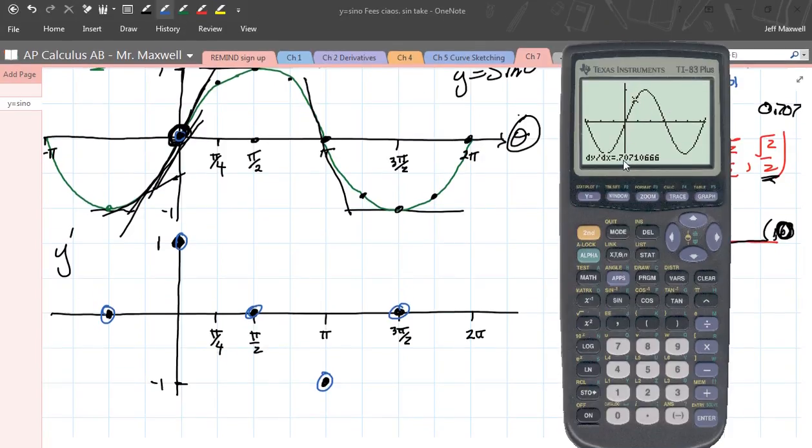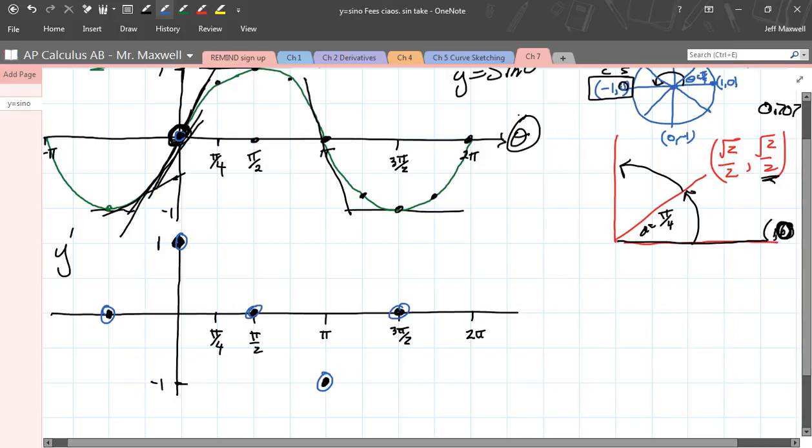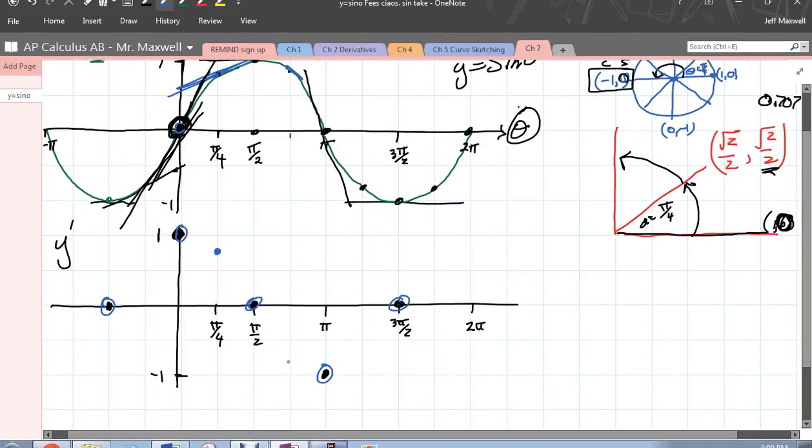The derivative here, that makes sense, is 0.707. So pi over 4, this derivative here is going to be 0.707, right here. And this derivative over here is going to be negative 0.707.